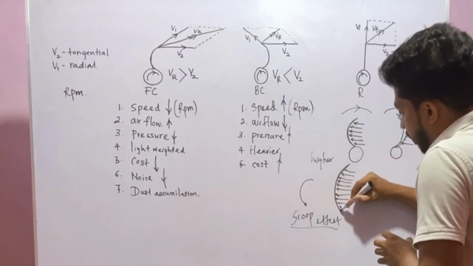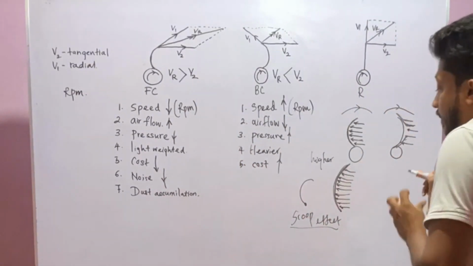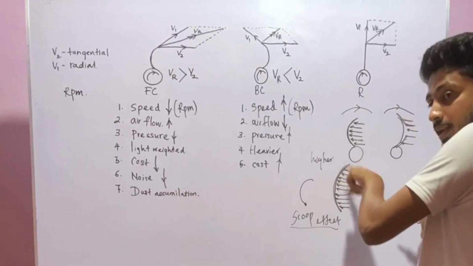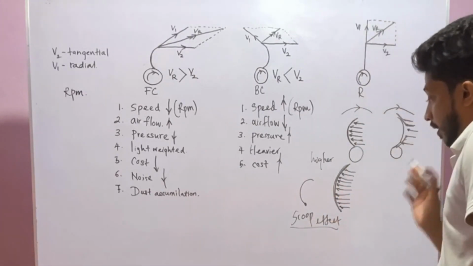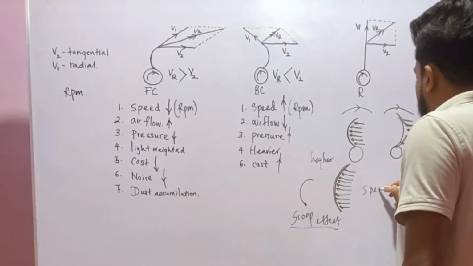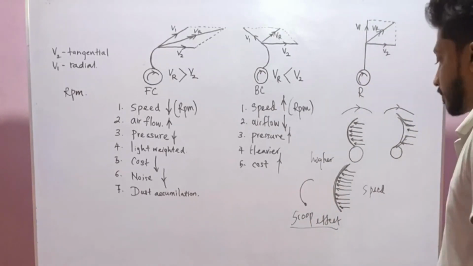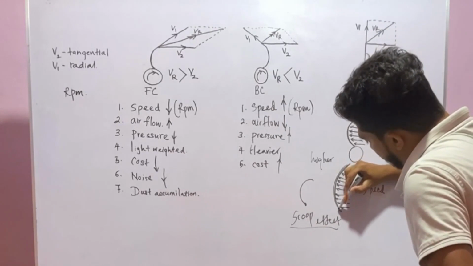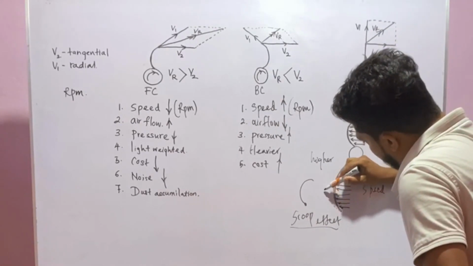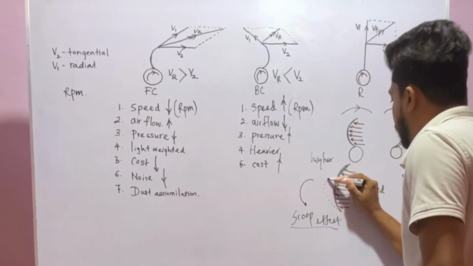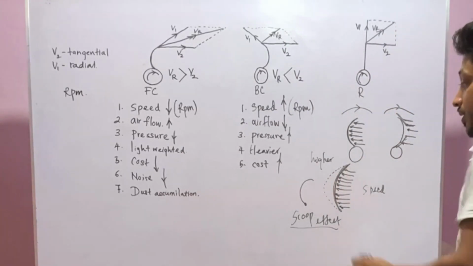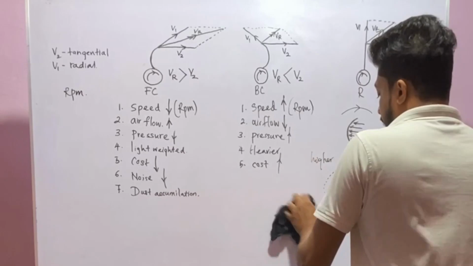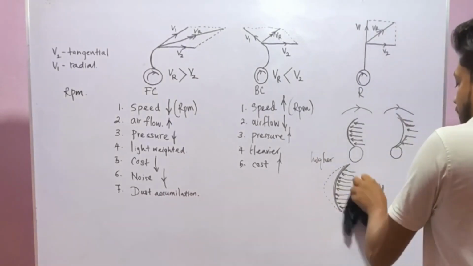However, if we increase the blade length like this, the pressure on this impeller wall is way greater. If we speed up to a certain level, this impeller can bend like this due to this great force exerted by the air particles.